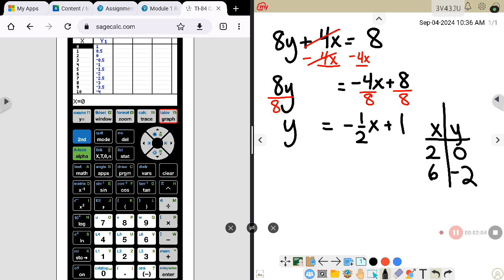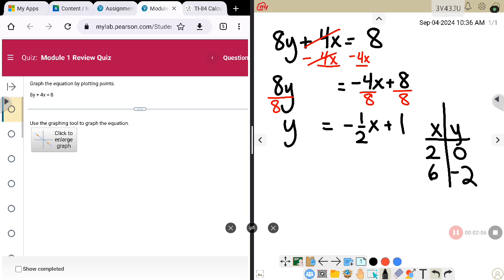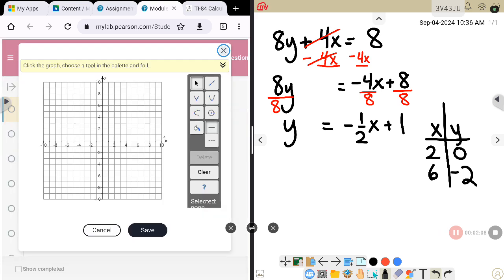So go back to the review. I'm going to click to enlarge the graph. I'm going to tell it what shape I'm drawing, which is the line, and then I'm going to plot 2 points. So the first point is at 2, 0. So to the right 2, up and down 0.